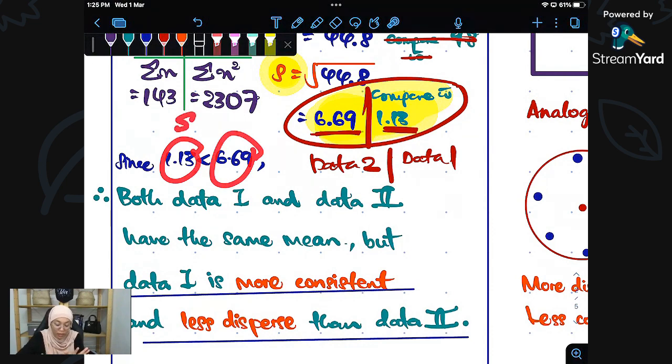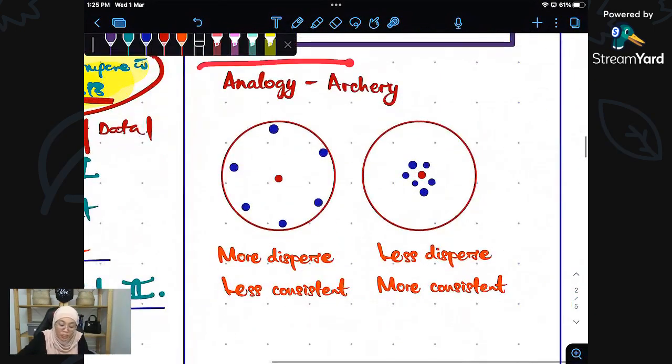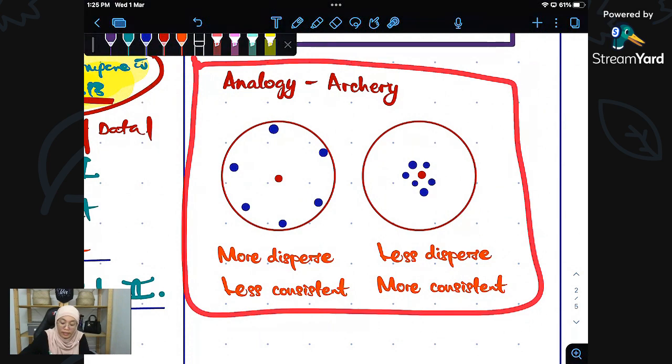Standard deviation tau, kita tengah cakap pasal standard deviation. Why is it smaller and why is it better? Yeah, my question is, why is the standard deviation smaller and it's better? So this is the reason why. The best analogy that I can give you all is archery. Archery, memanah.